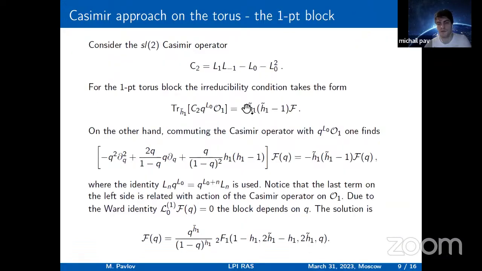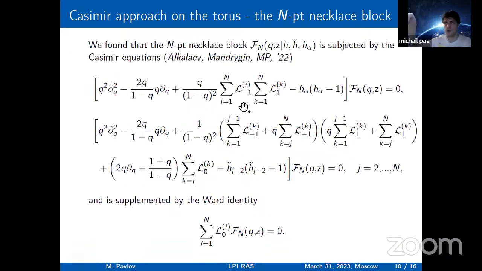If you have two fields, in order to obtain the block, you insert a projector between them. If you want to obtain the second equation, you have to insert the Casimir next to this projector.